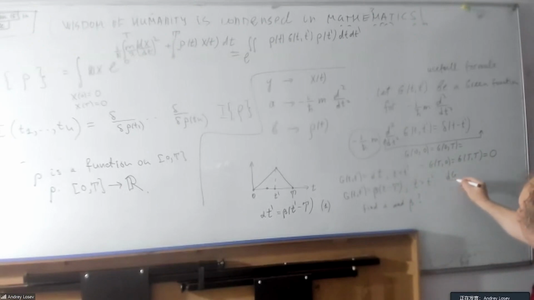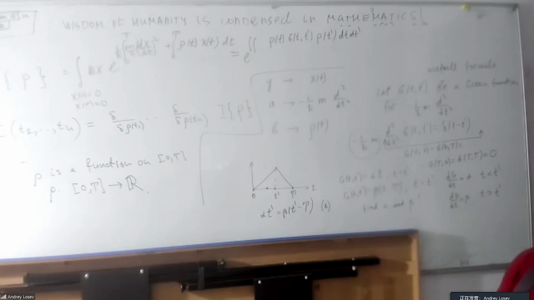dg over dt is alpha for t less than t prime. dg over dt equals beta for t bigger than t prime.